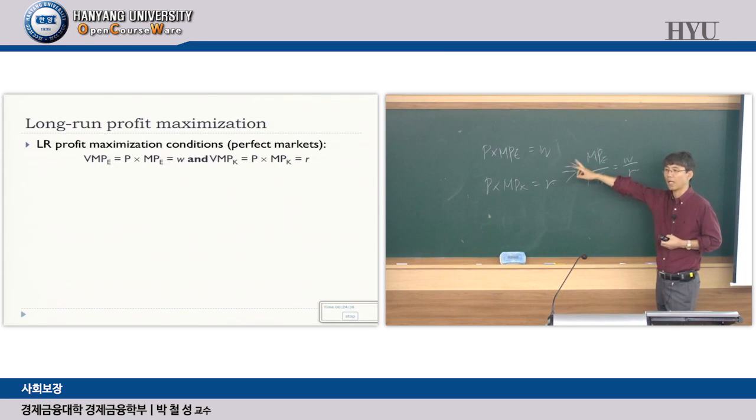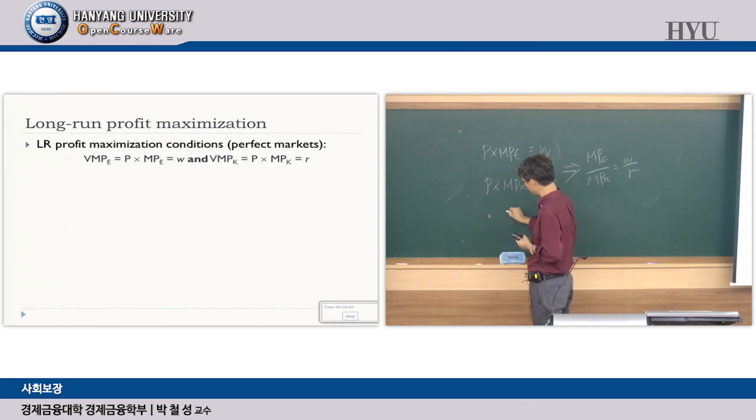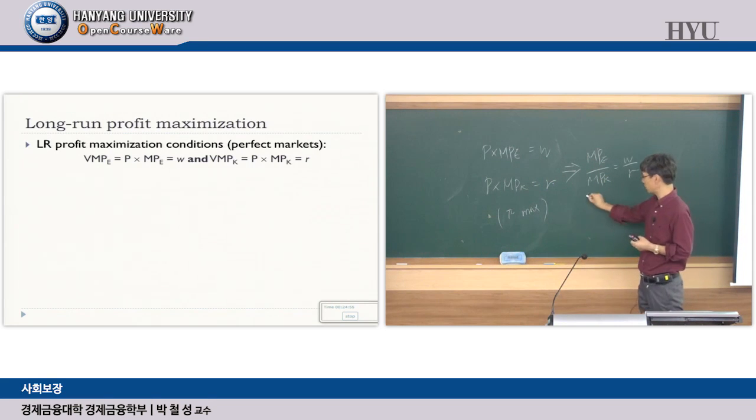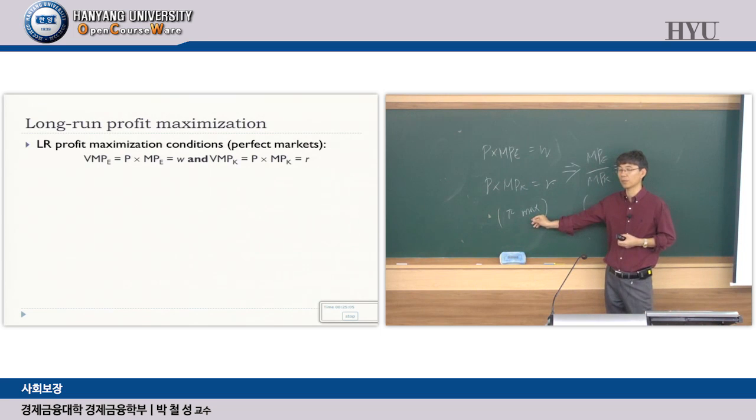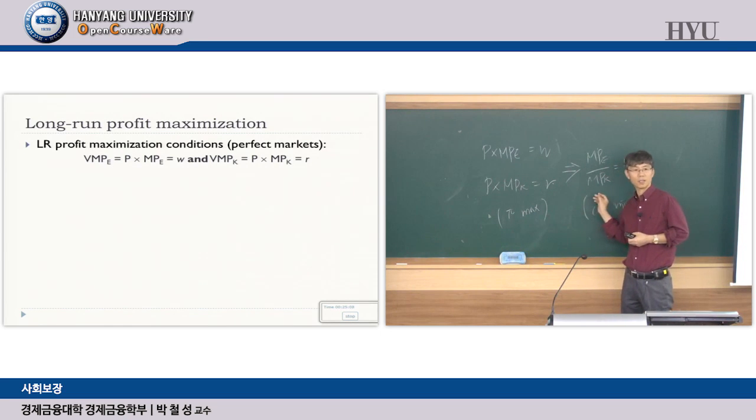So if these two equations are satisfied, then this one equation should be satisfied: the ratio of MPL to MPK should be equal to the ratio of W and R. Okay? So what you see here is that this is the profit maximization condition. This is the cost minimization condition. Okay? So what it says is that if you maximize profit, then you will automatically minimize the cost.